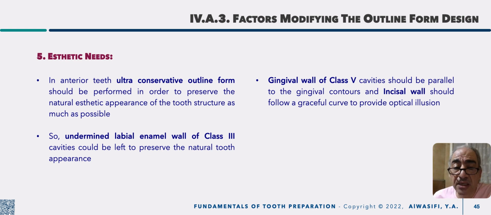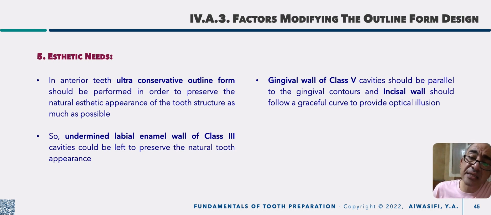According to aesthetic needs, you need minimal cutting of tooth structure to conserve the maximum amount of natural tooth structure with natural aesthetic. Also, you could leave undermined enamel at the labial surface for class 3. Normally you are warned against undermining enamel, because it will fracture and leave ditching, and recurrent caries will take place.